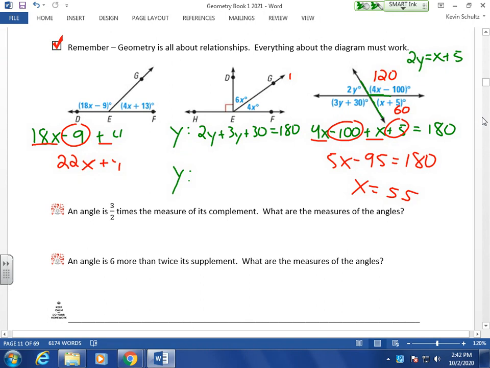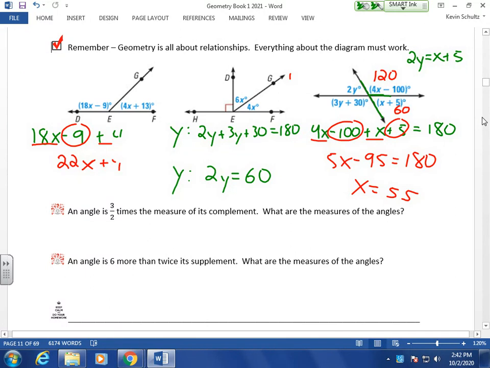Because we don't know what x or y is. There's nothing we can really do there. But now that we know that x is 55 and that angle is 60, we can set up the equation 2y equals 60, which is fairly easy to solve. So be looking for those things too, that as you start to solve the puzzle, other things might become easier or clearer to do. Okay?